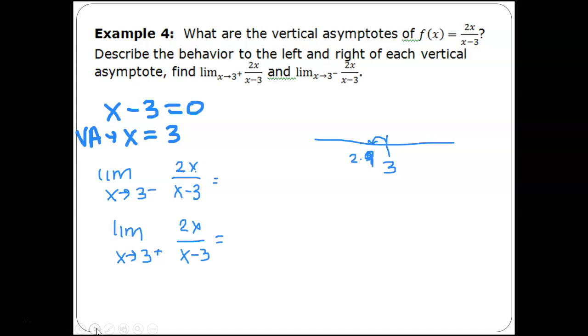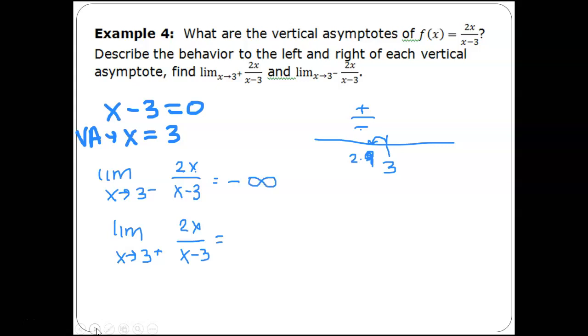2 times 2.9, is that going to be positive or negative? A positive times a positive is a positive. So the top part of the fraction is positive. 2.9 minus 3. Is that going to be positive or negative? Negative. Positive divided by a negative is a negative.